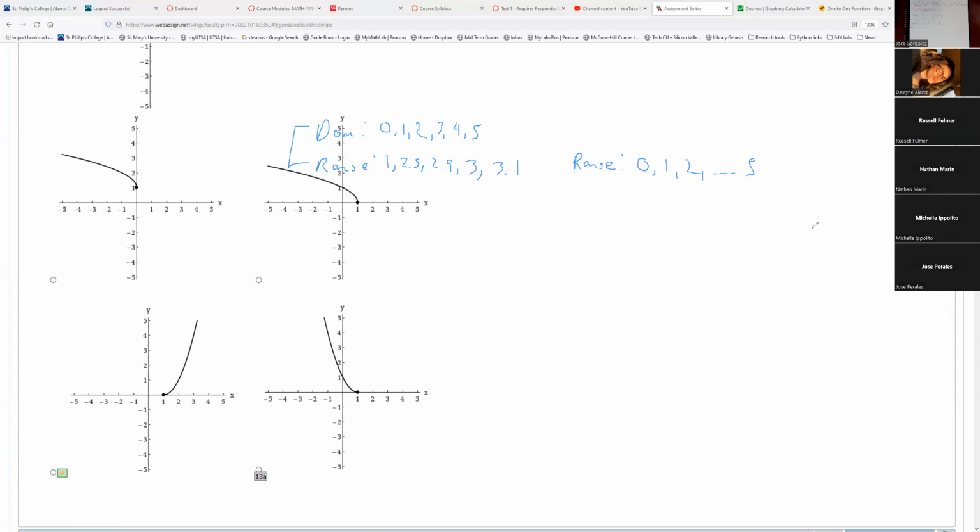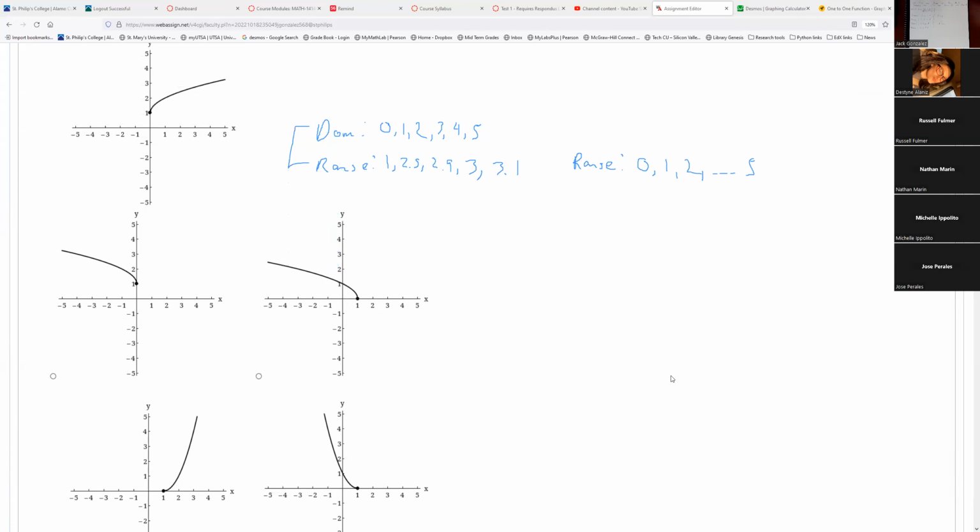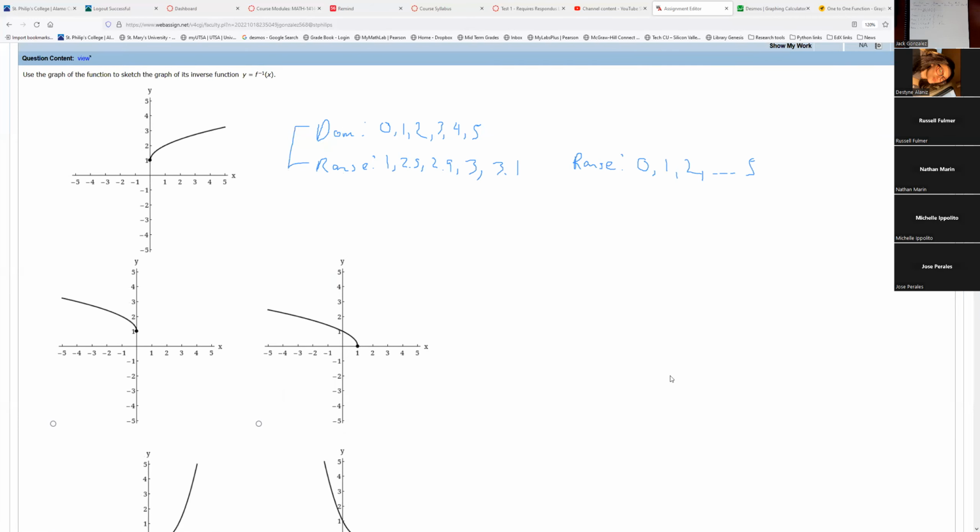But what happens if they cross the x-axis? What do you mean? What happens if it crosses the x-axis and it has negative values? Oh, it doesn't matter. Just figure out what the domain is.